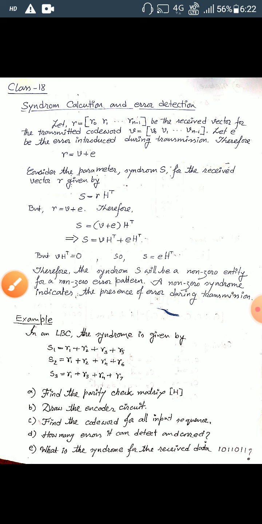So you just apply this for the identification of the H transpose matrix.